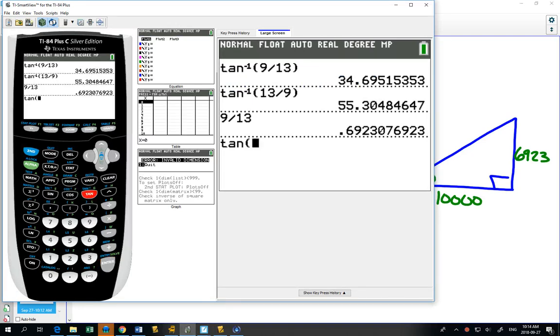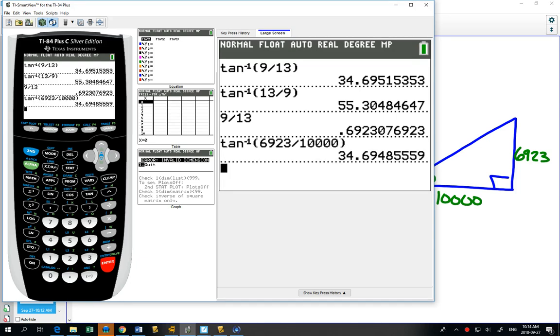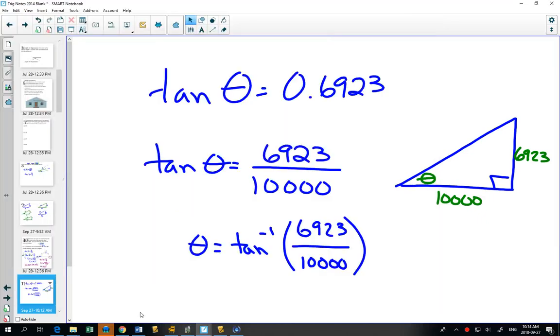Tan inverse, oops, that's not tan inverse, second tan inverse, 6,923 divided by 10,000. Mr. JR, there's no way I can mental math that. I get 34.69. 34.7. Wow. How did I mental math that?